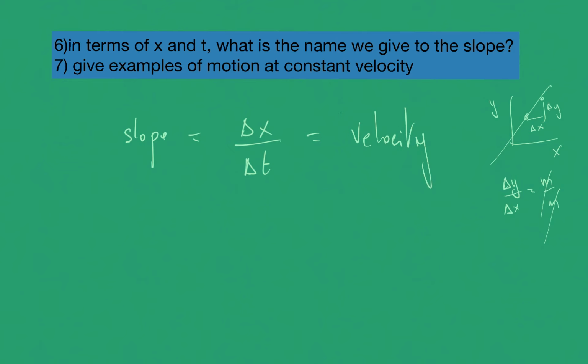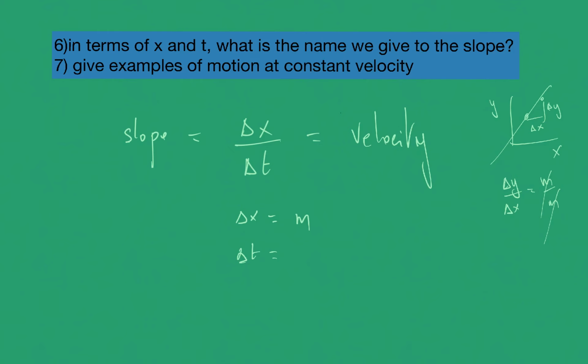But now the velocity, the slope, has units because delta x is a difference between meters: 5 meters minus 2 meters, 3 meters. So delta x is in meters. Delta t is the difference between 2 times: 5 seconds minus 2 seconds, 3 seconds.